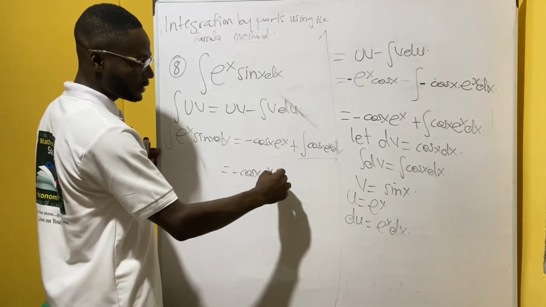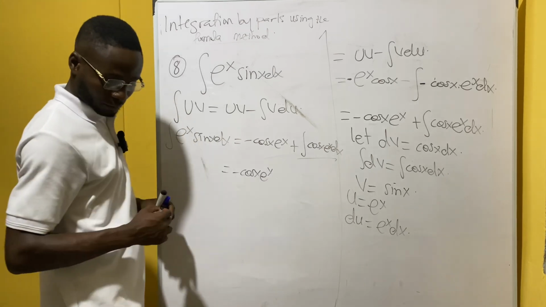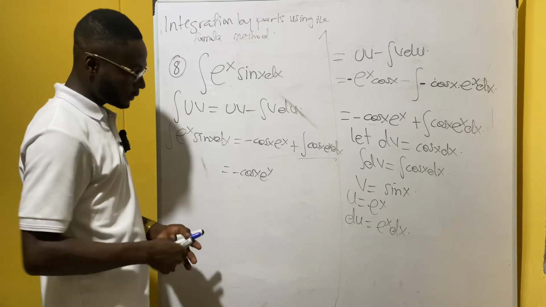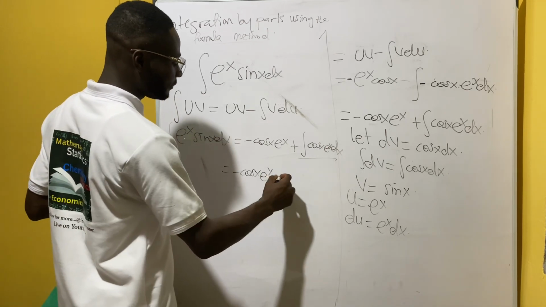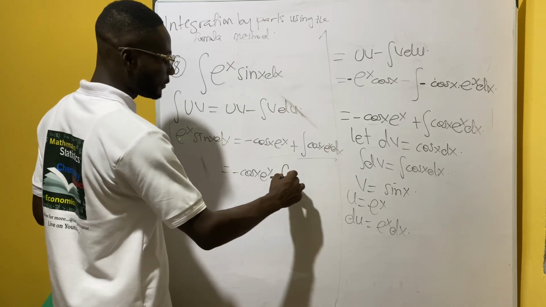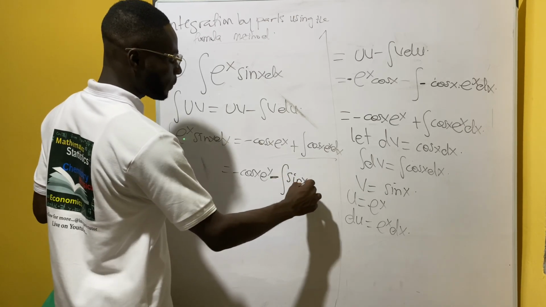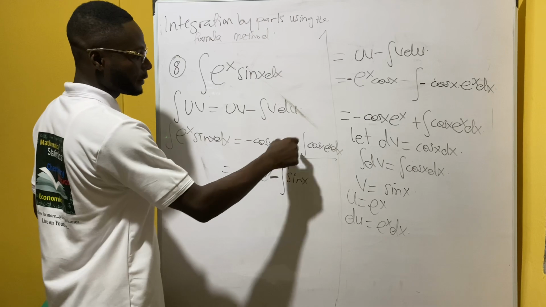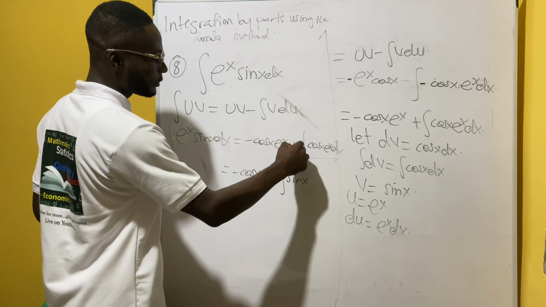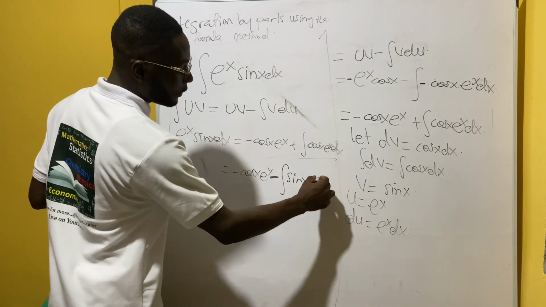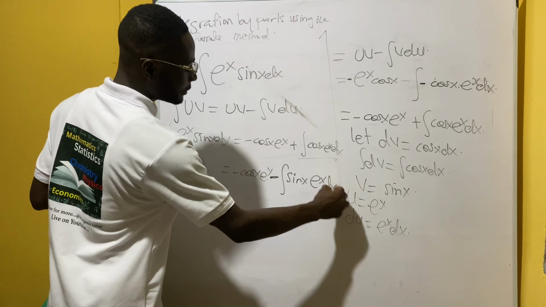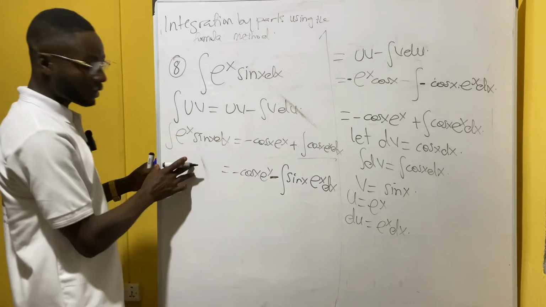So when you integrate this again, that will be negative the integral of sine x e power x dx. We send this to come and add up to the left side.